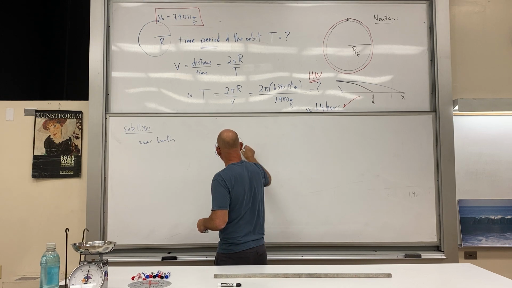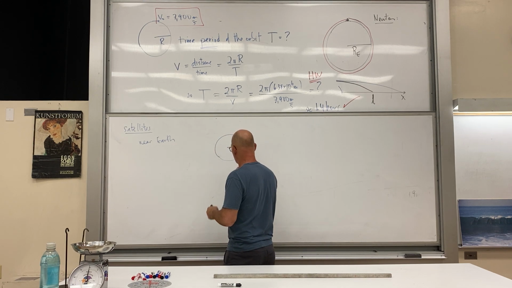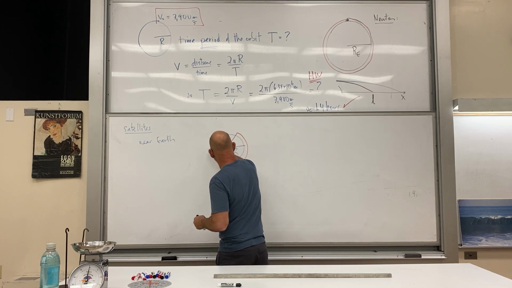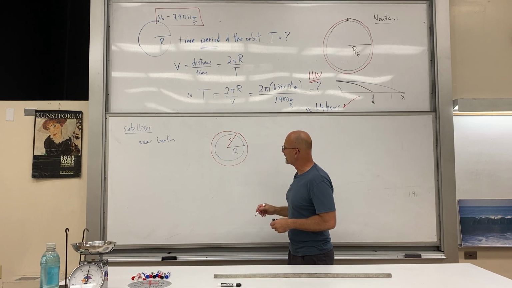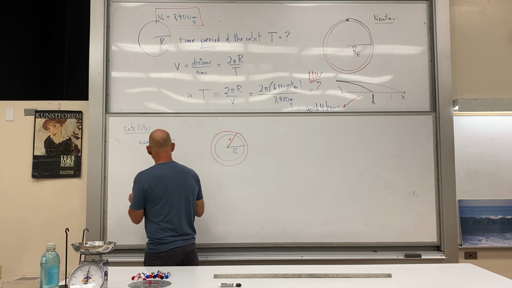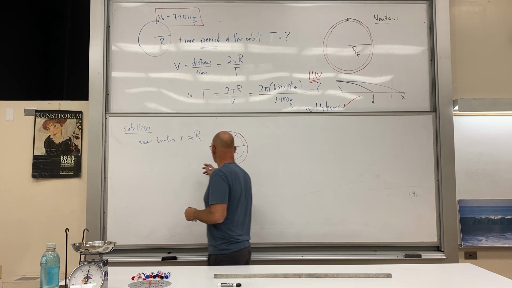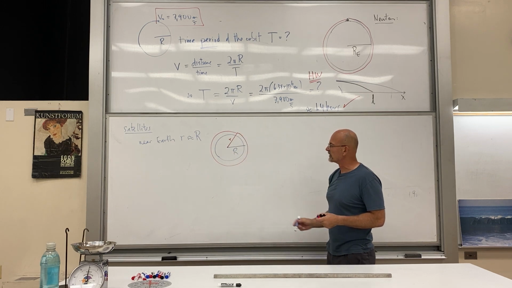If you've got a satellite orbiting our Earth, the orbital radius we're going to call little r. So there's a near Earth orbit. Near Earth, little r is approximately equal to the radius of Earth because we're just a little bit above the surface.